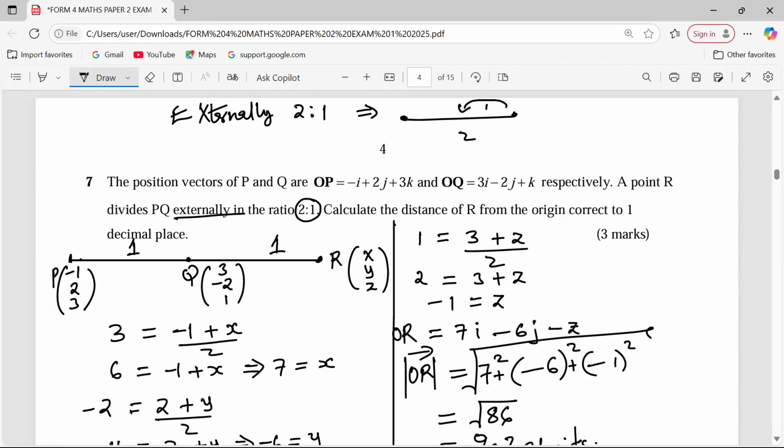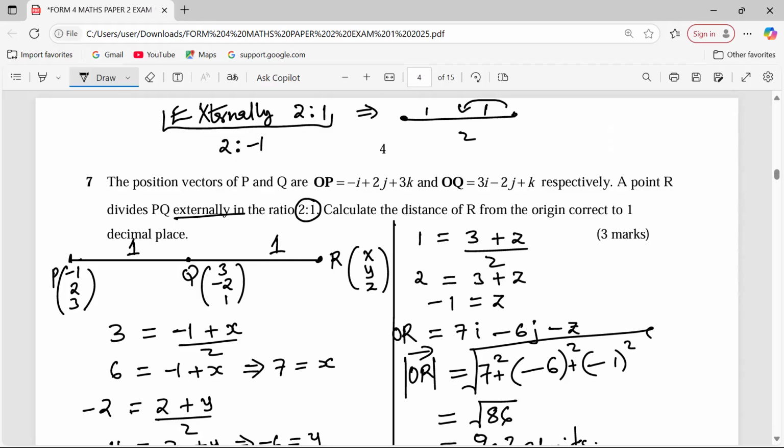So that at the end of the day will leave us with 1, 1. Assume you are told that, and by the way, this statement can be replaced by ratio 2:1 without the word externally.